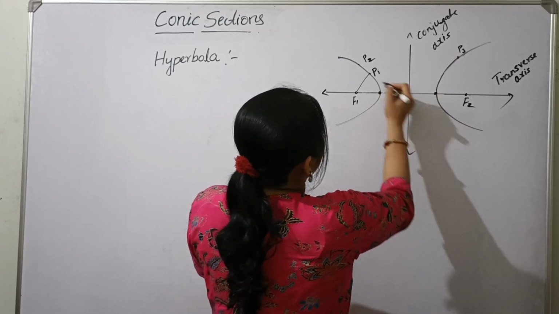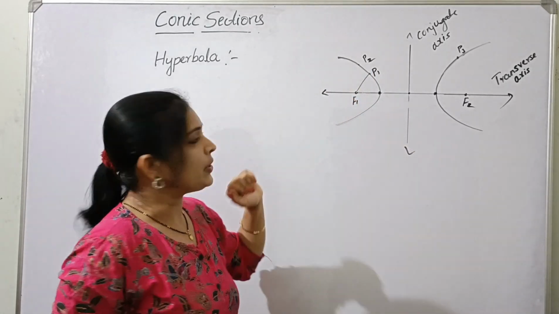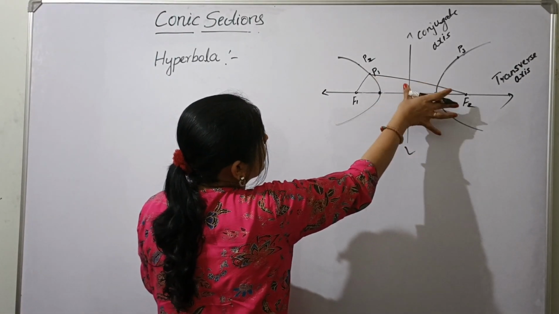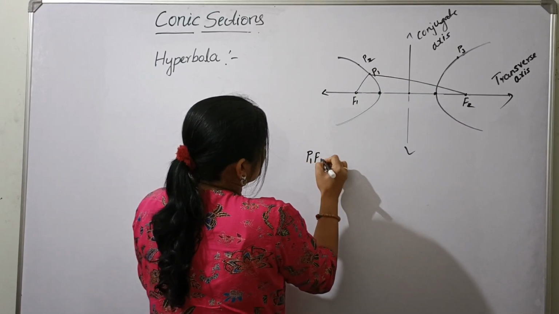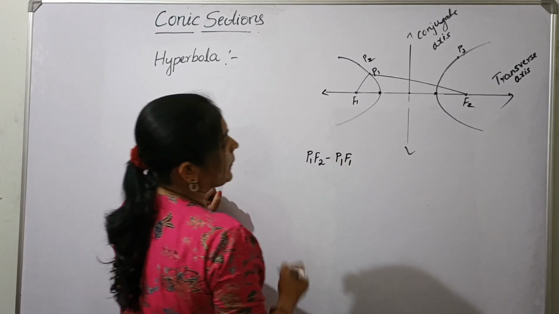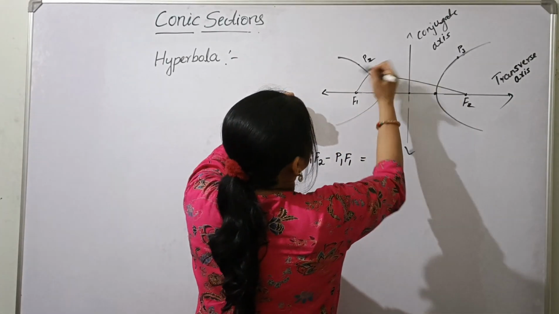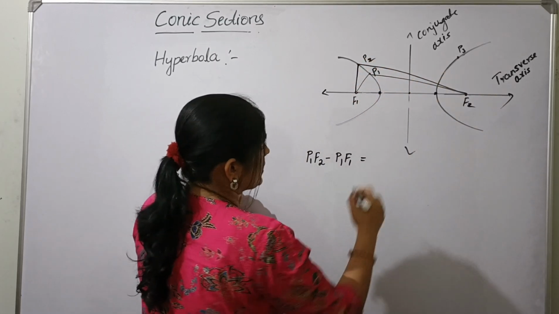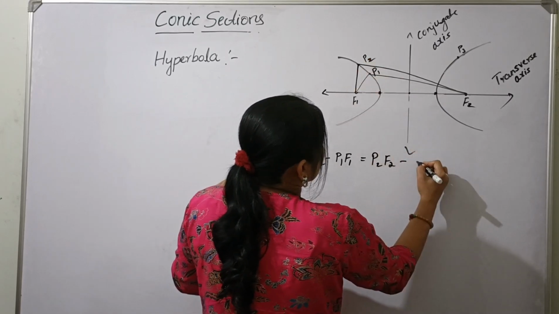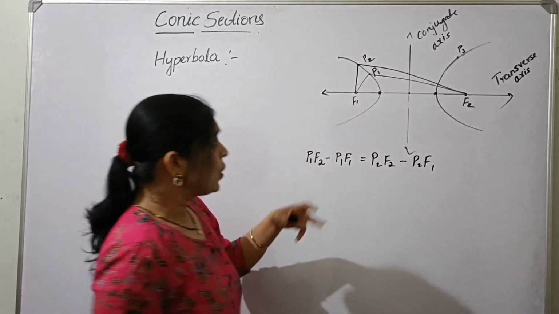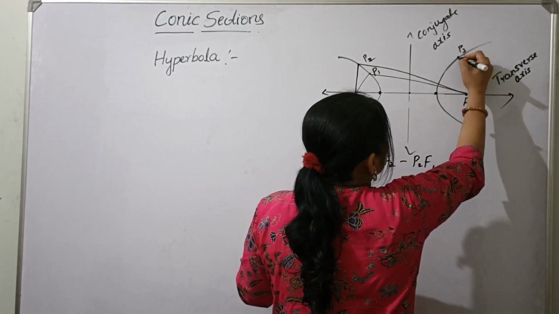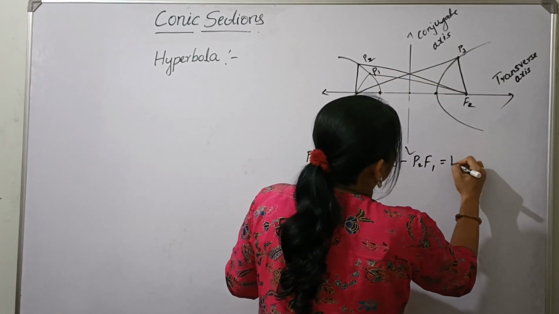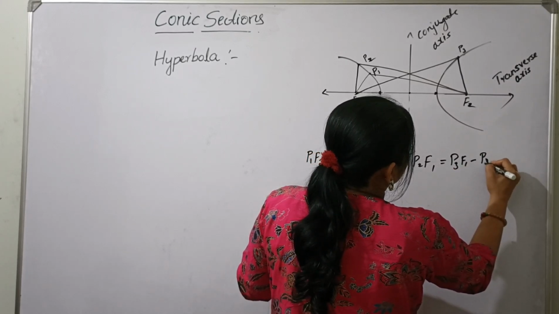First we consider the point P1, with P1F1 and P1F2. The longer length is P1F2, so P1F2 minus P1F1. Next consider P2, with P2F1 and P2F2. P2F2 is larger, so P2F2 minus P2F1. Next consider P3, with P3F2 and P3F1. Here P3F1 is larger, so P3F1 minus P3F2.